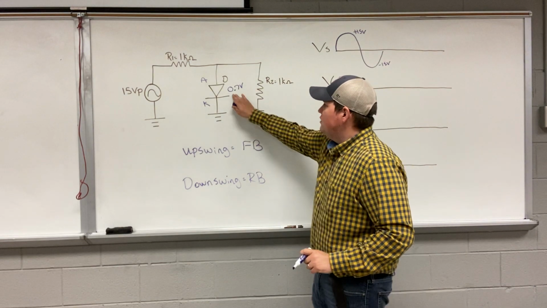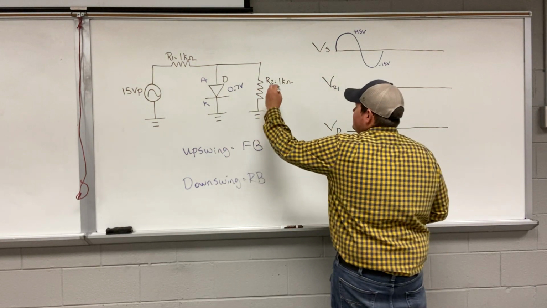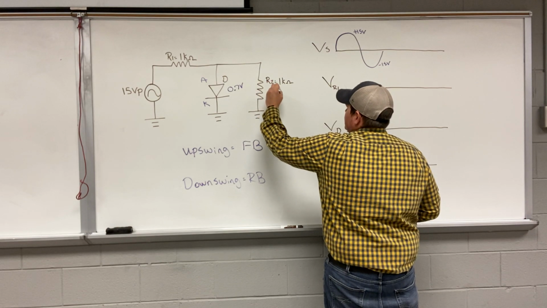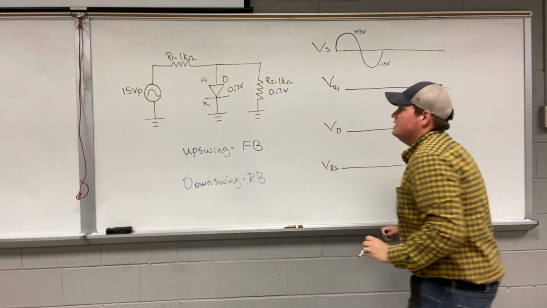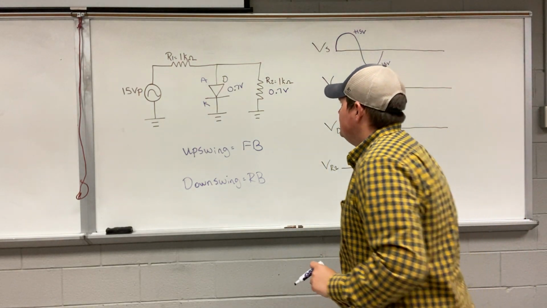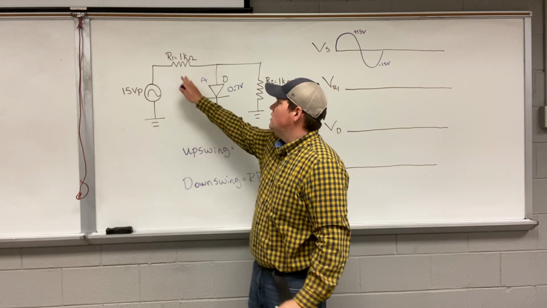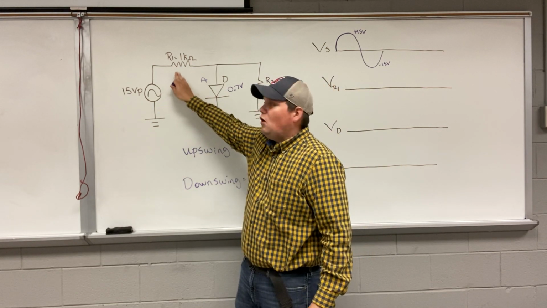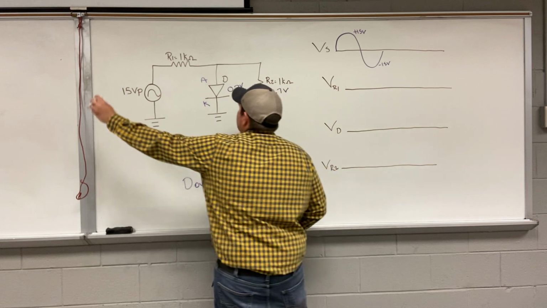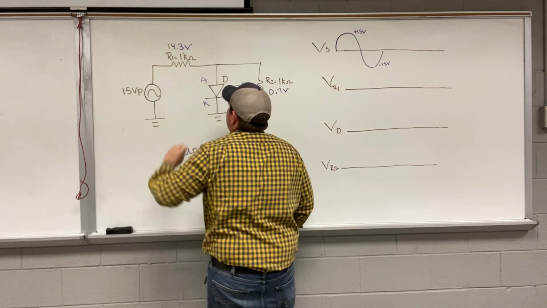So if the diode is 0.7, then what is R2? It's in parallel, so it's also going to be 0.7 volts. So if the 0.7 volts is accounted for here, what is left of the voltage is at R1. So that would be 14.3 volts.